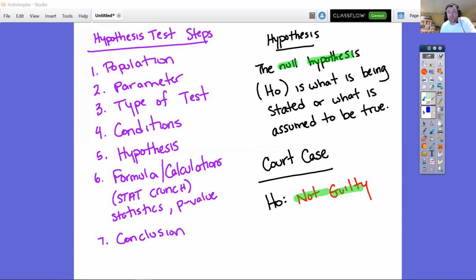The most commonly used example of a hypothesis test is a court case. In the United States, every single court case is supposed to be under the assumption that the person is innocent. Now, if everybody thought they were innocent, we wouldn't be in a court case. So at least one person must think this person is guilty.